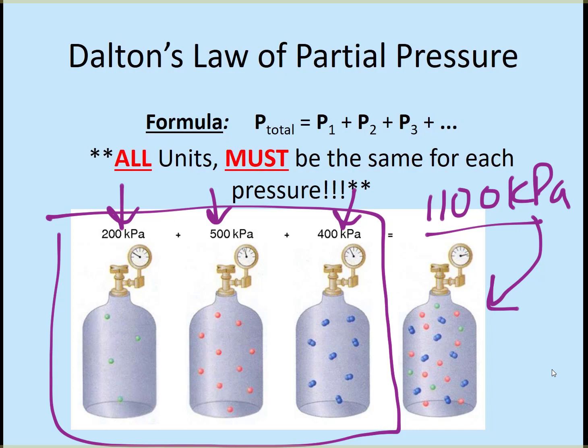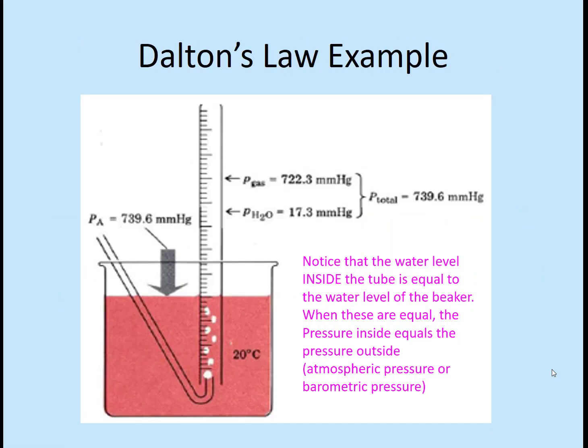Now, when you bubble gas through your container, when you're finished, you're going to be able to measure your volume, but it also is very helpful with gases to know the pressure. One easy way to figure out the pressure of a closed container is to put it into another container of water. You want to have the water level inside the tube be equal to the water level outside.